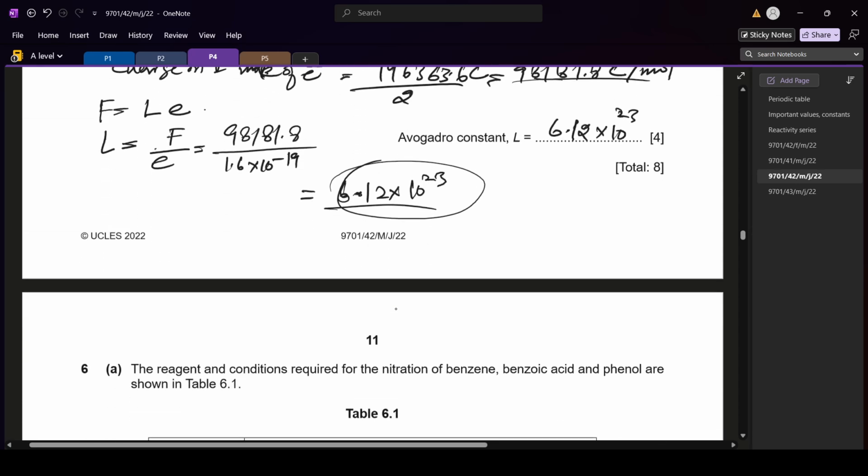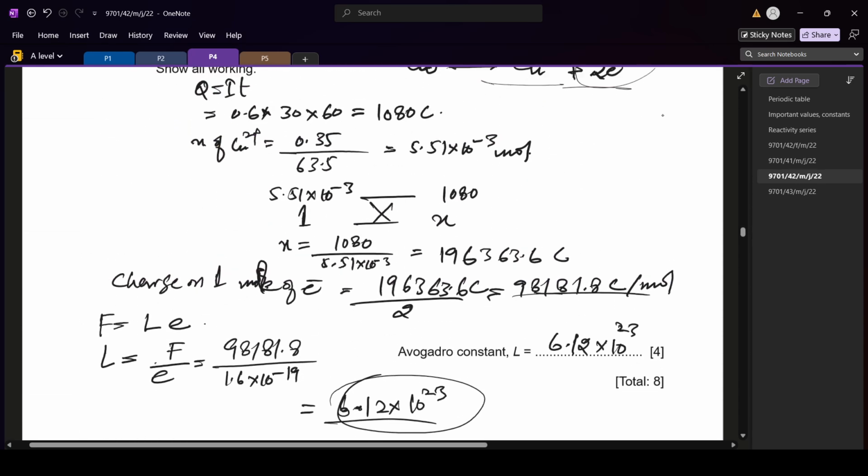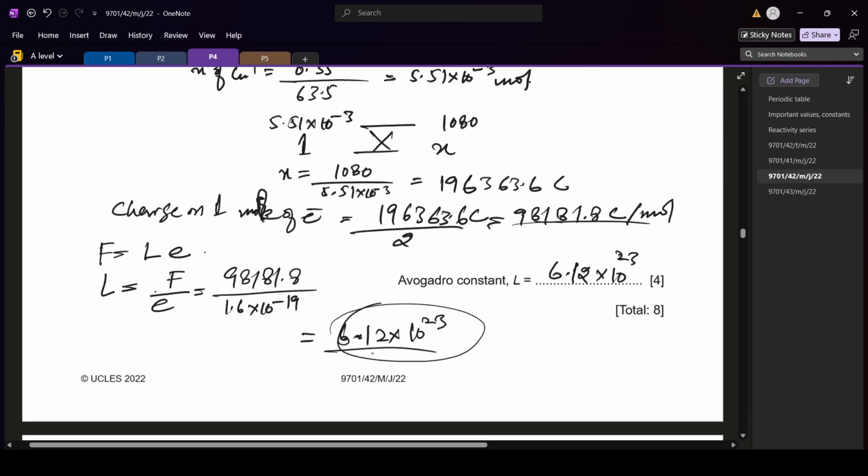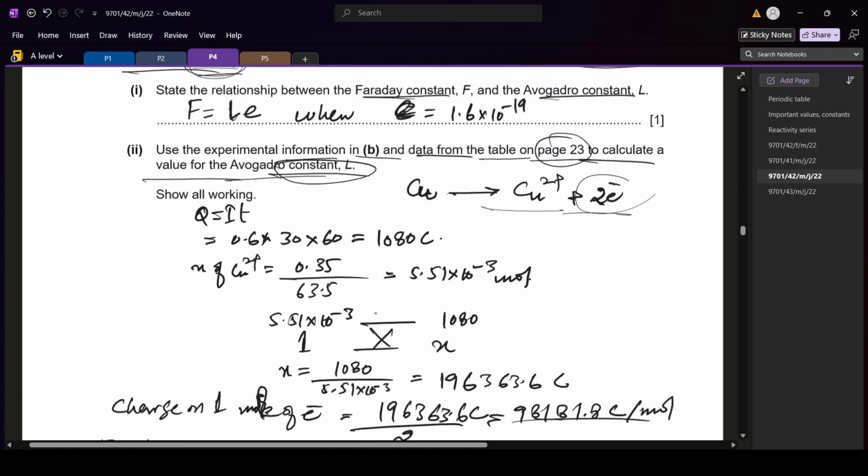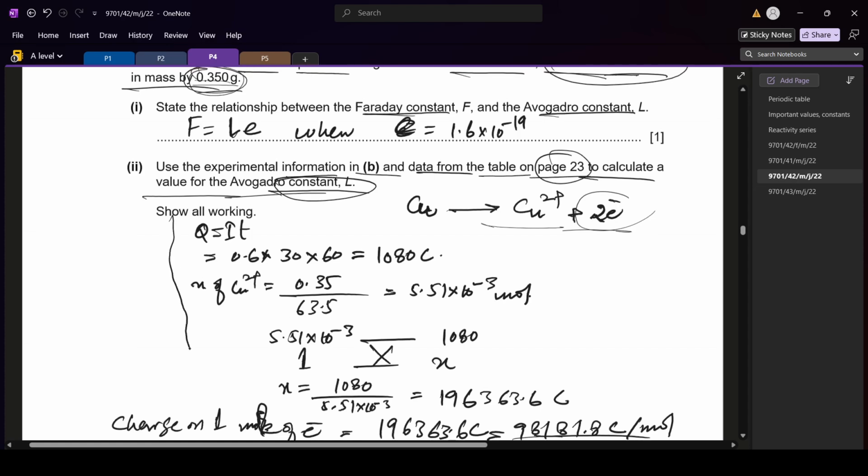In the marking scheme, it is done by a different method. It calculated this value of L by a different method, so let's explain that method as well. That method is also correct, and this method is also correct. In the marking scheme, it first calculates the number of moles of copper, which is 5.51 into 10 to the power minus 3, then the value of Q, which is 1080.